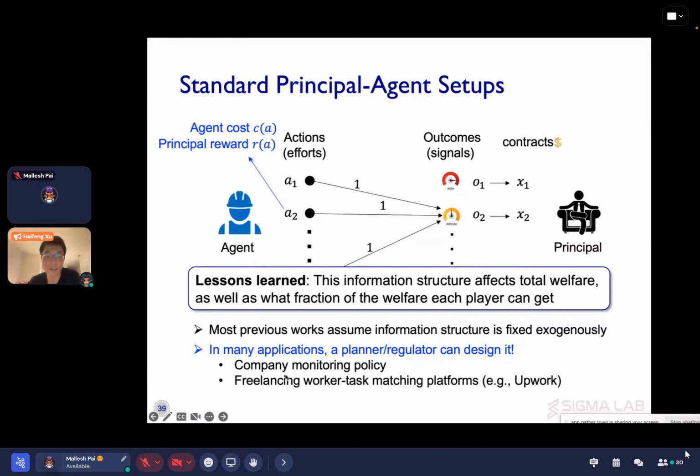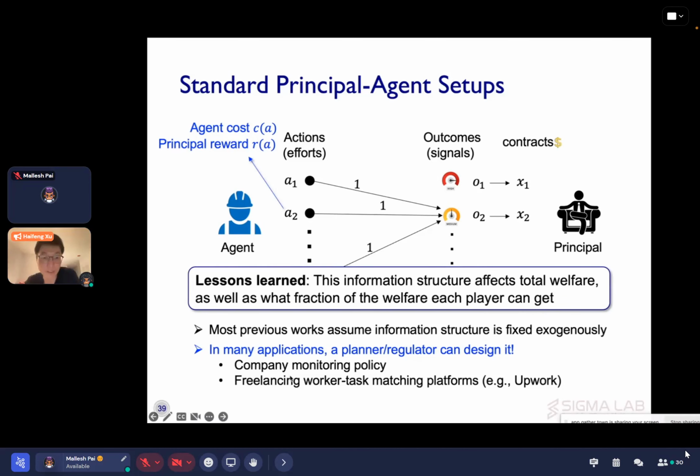One example is a company, maybe as the social planner, trying to design some monitoring policy that determines how an employee should report to his managers. You want to design this in a way that is neither too transparent nor too opaque. We want to find the right level of transparency so that both of the players can get a good share of the created welfare.